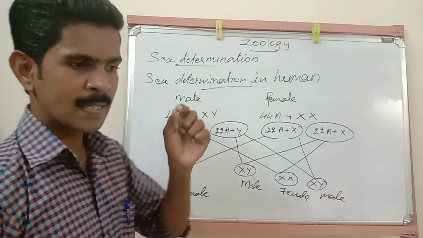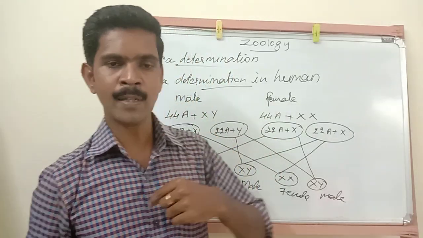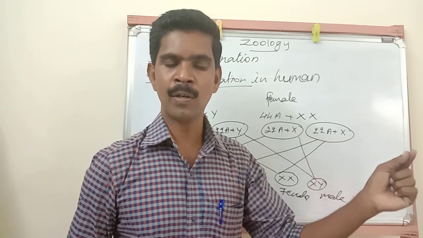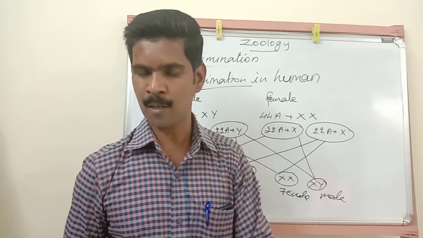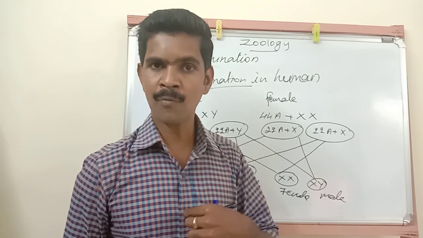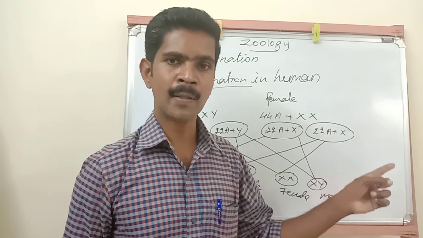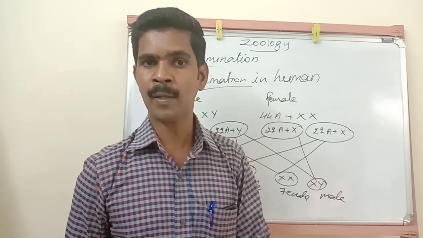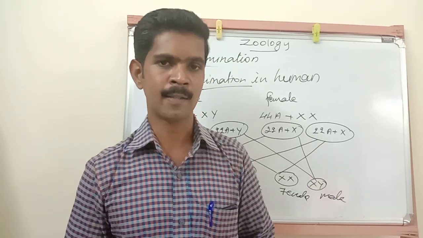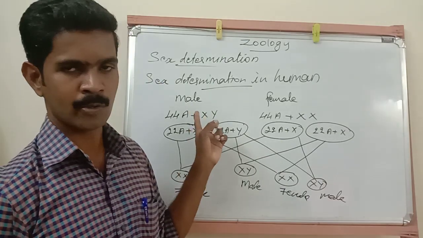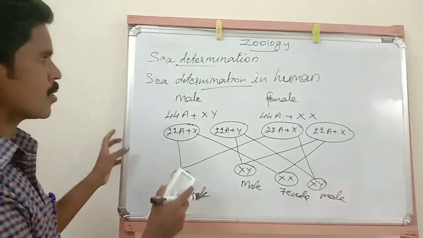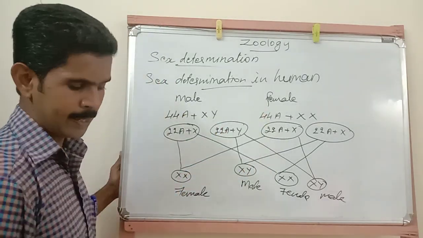If one X chromosome moves to the baby from the father, and one X chromosome from the mother, the baby is female. Suppose one Y chromosome moves from the father to the baby, and from the mother one X chromosome moves to the baby, it is a male baby. Thus the sex of a human being is determined by these two sex chromosomes. I hope you all understood sex determination in human beings.